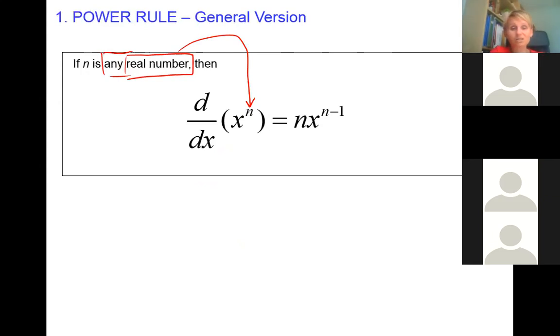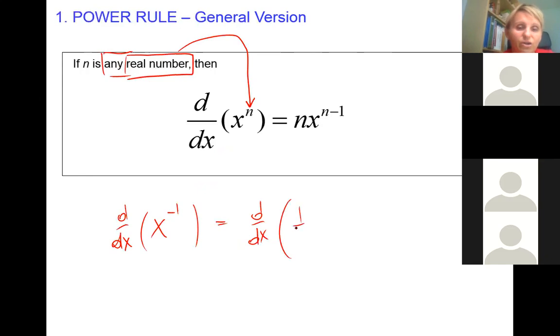That means even if n is like x to the power of -1, which is normally not really a power function, because if I rewrite it without the negative exponent, I have 1 over x, and 1 over x is actually a rational function. That's also different. We can look at this formula from a different angle, but I can rewrite it in power form, x to the power of -1, and I can also apply this formula.